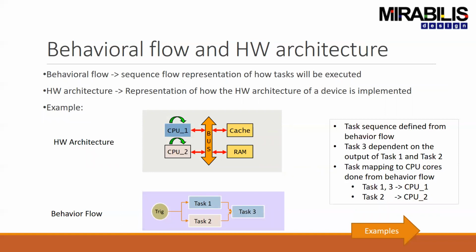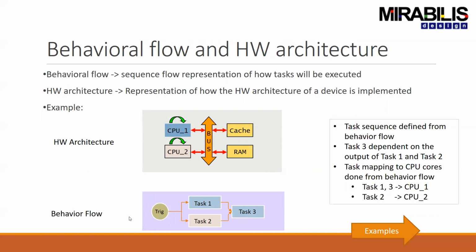Just to give you an overview of what we mean by behavior flow and hardware architecture in Visual Sim: the behavior flow is a sequence flow representation of how tasks will be executed, and the hardware architecture is a representation of how the hardware of a device, or the real system, is implemented. Here we have the behavior flow at the bottom and the hardware architecture at the top level.